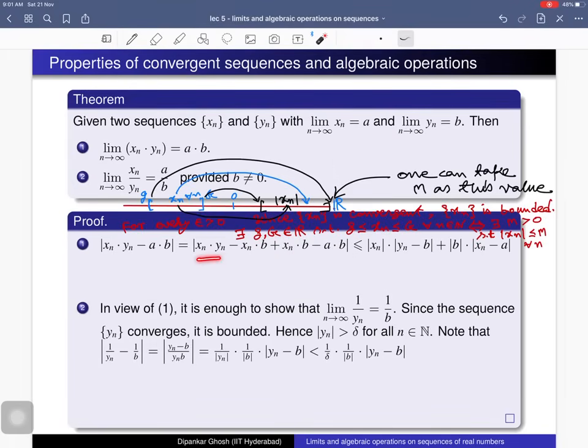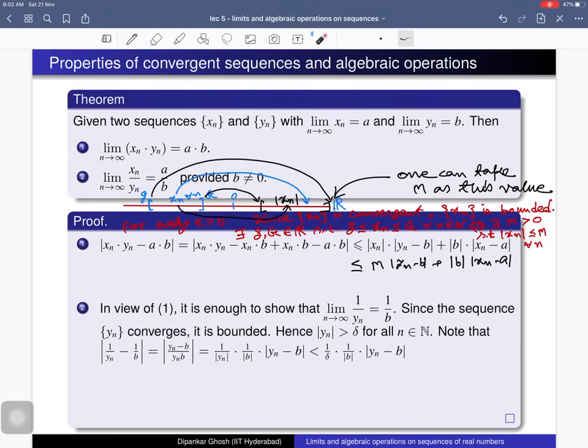But the absolute value of this thing we can write by taking common xn, and then it is the distance between yn and b, and for this one we take common b, so it is the absolute value of b times this distance between xn and a. We have control over this distance. We know that for all n this value is less than or equal to some particular real number, so it is m times the distance between yn and b.